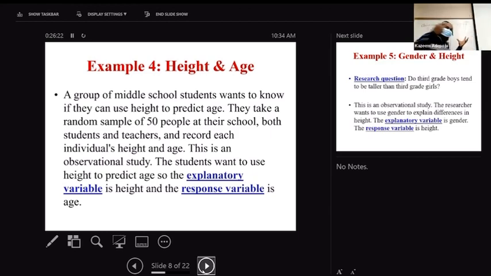Okay, I'm going to give you this example. I remember now there was a study. I don't know if you guys have heard about Science Daily. Who has heard about Science Daily?